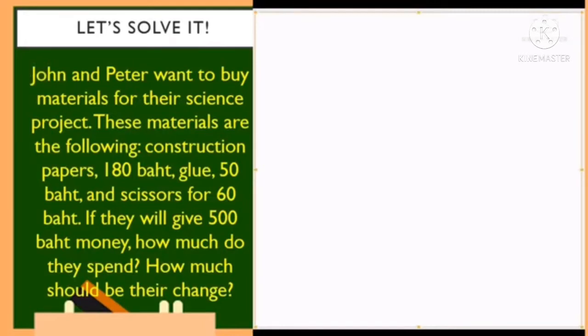Okay? So again, our problem is John and Peter want to buy materials for their science project. These materials are the following. First is the construction paper. So we need to write that one first. We can put here the word given. Okay, so what are our given?